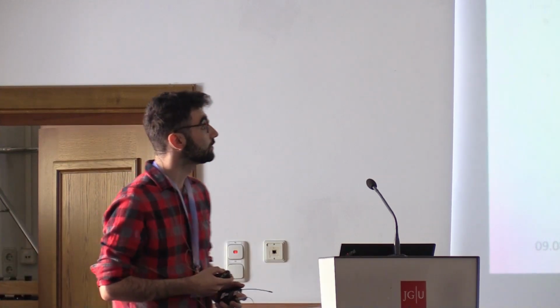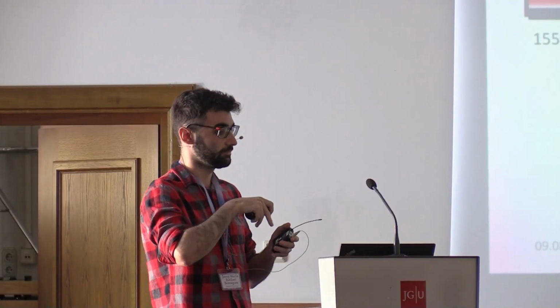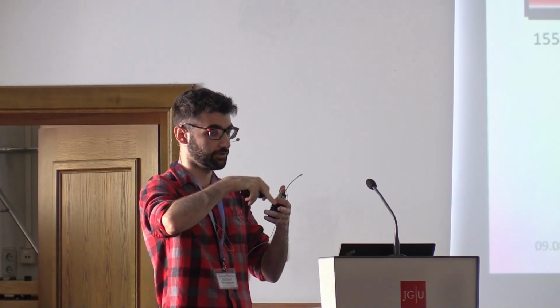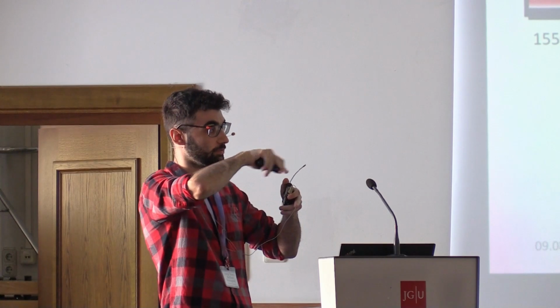Well, that's not really light shining through the wall. First, the voice coil is just a device that shakes the fiber, moving it back and forth through the bore of the magnet.